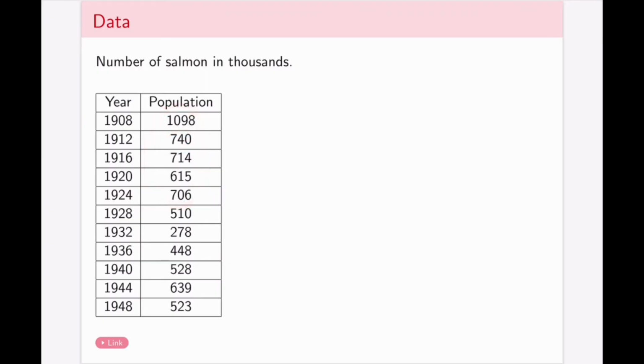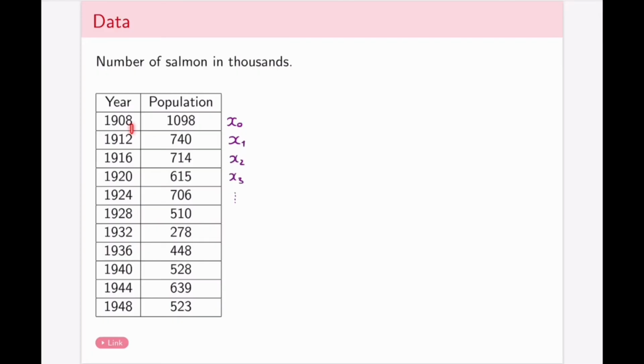Now, because the data here is what we call discrete, which means given at only specific points and not at every single year throughout, you can think of this as the analog of, let's say, Newton's method, where the entire process is iterative, right? So if I have x naught as my initial population, the following year I'm going to have x1, the year after I'm going to have x2, x3, and so on.